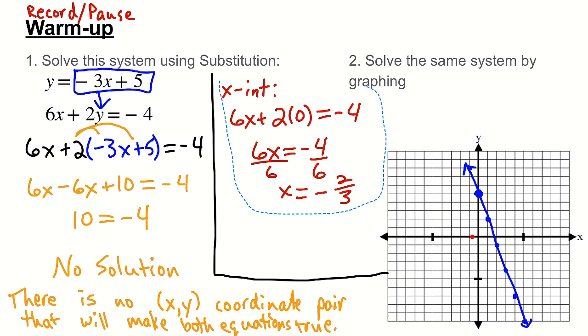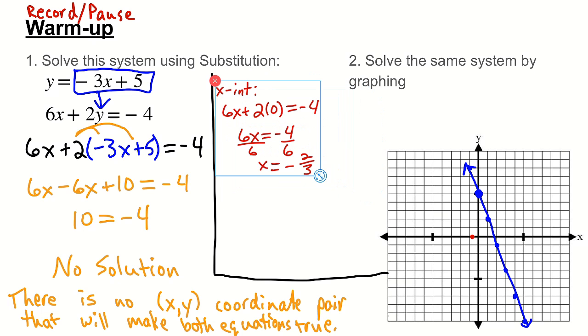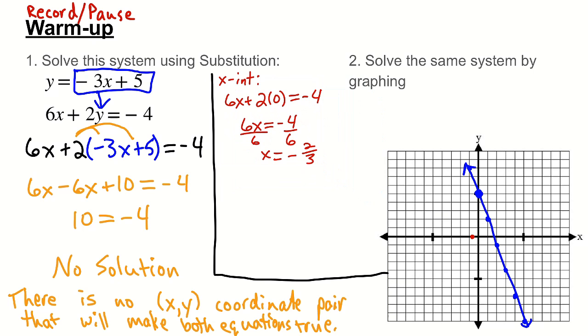Now we're going to do the same thing. I'm going to make myself a little bit more room by making this smaller. We're going to find the y-intercept here. And let's use a nice purple. The y-intercept by plugging in 0 for x. So we have 6 times 0 plus 2y equals negative 4.